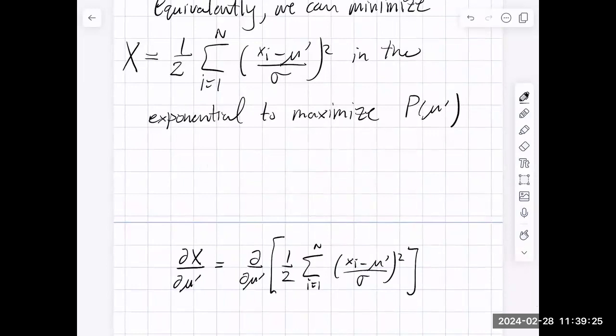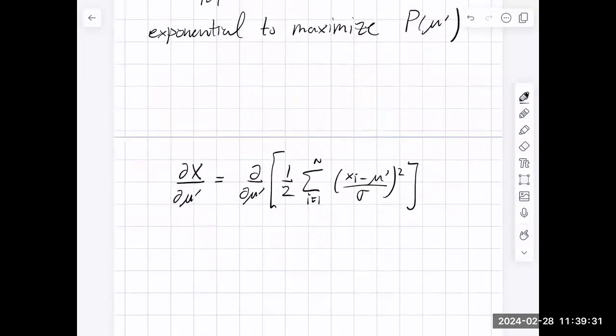Okay, so the derivative can come inside the sum, right? As long as the sum doesn't involve mu prime, we can take that inside. So let's just do this first example slowly, with as many steps as possible.